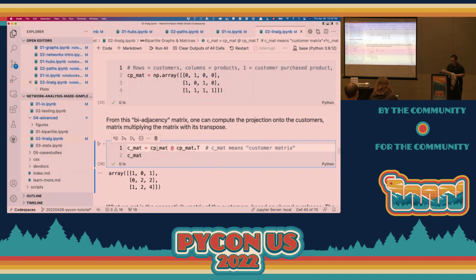You take this matrix, dot product against its transpose, and you will now get a customer by customer matrix in which the diagonals show the number of things that they have purchased, right? And the off diagonals show between customer 1 and customer 3, they share only 1 purchase. Between customer 2 and customer 3, they share 2 purchases, and so on and so forth.